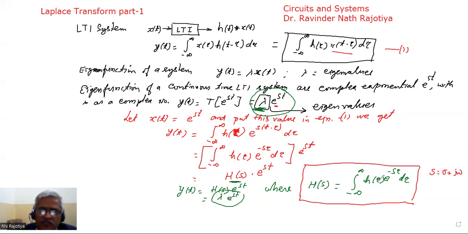Given h(t) as the impulse response of a continuous time system, y(t) is nothing but H(s) times e^(st), where H(s) is equal to this integral.